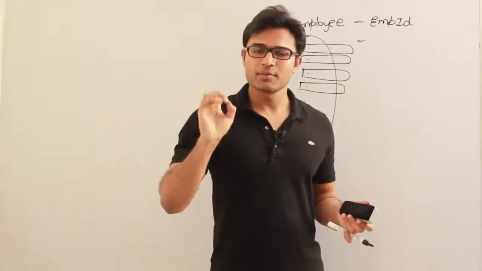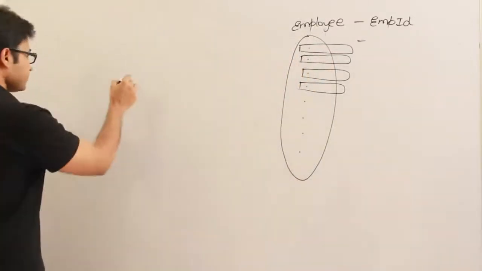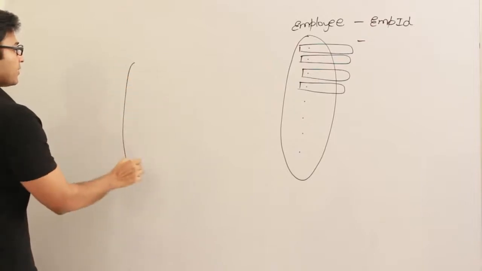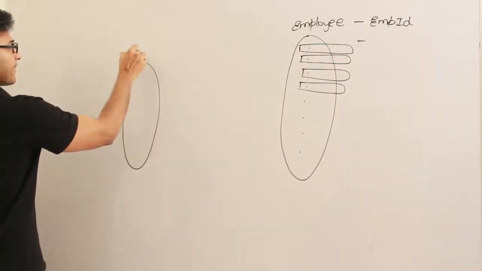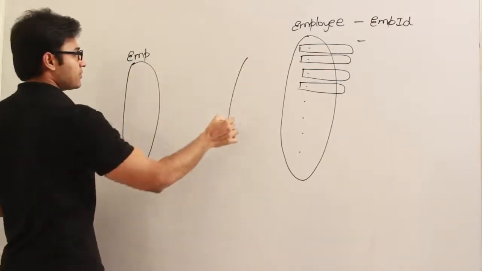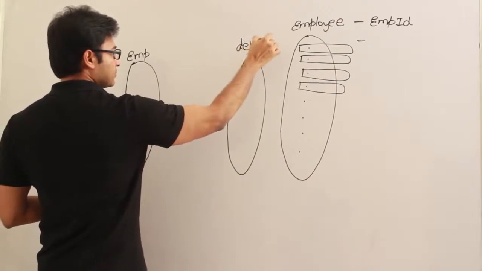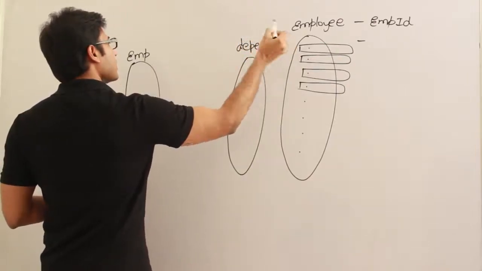What I mean to say is, let us say there is an employee entity set, and now there are dependents.